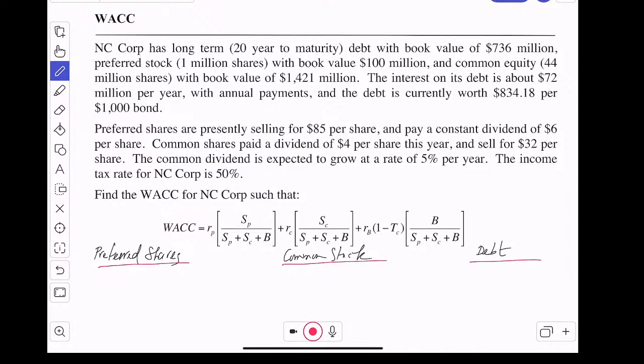So beginning with the preferred shares, the book value, you are told, is $100 million, and there are 1 million shares outstanding. However, the market value per share is equal to $85.